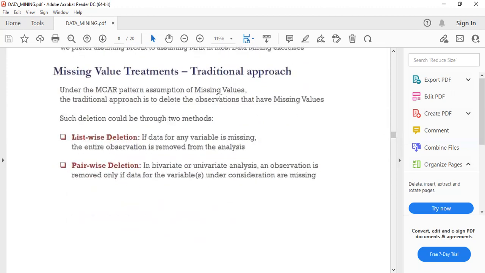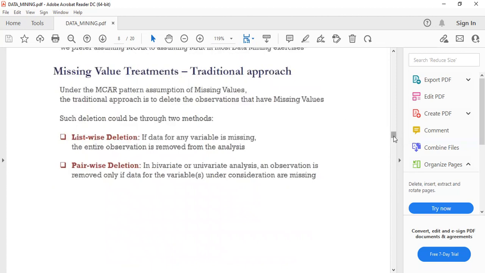Now missing value treatments. Under the missing completely at random assumption of missing values, the traditional approach is to delete the observations that have missing values. Such deletion could be through two methods: list-wise deletion and pair-wise deletion.